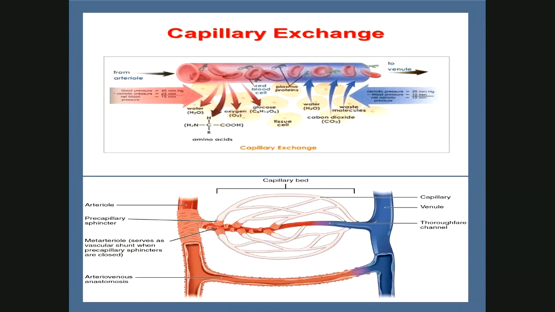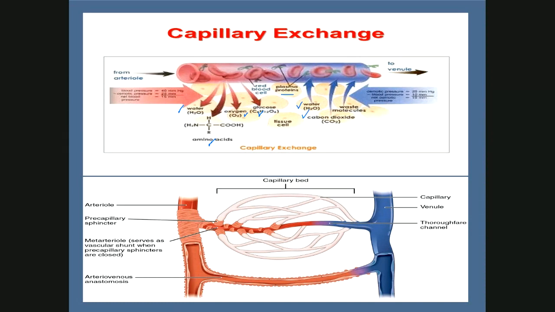So often what's here is the capillary. You can see the red blood cells. So what is being expelled? Often water into the interstitial space, amino acids, oxygen, and nutrients such as glucose. What's being reabsorbed would include plasma proteins, water, waste products, and CO2.